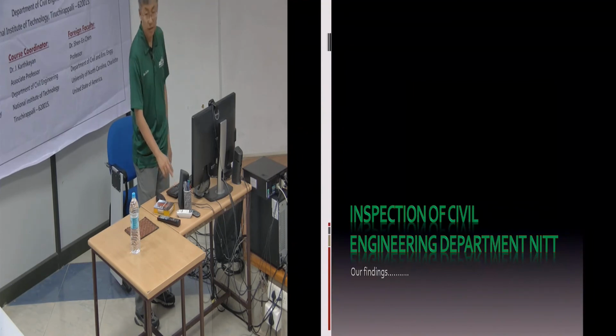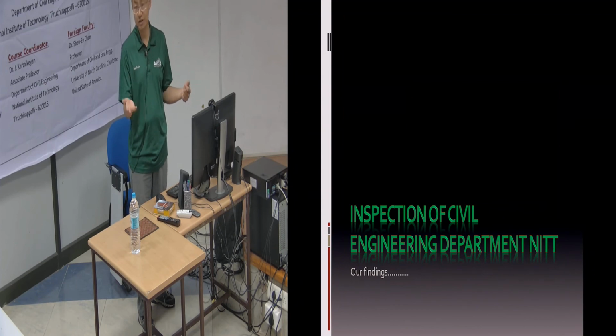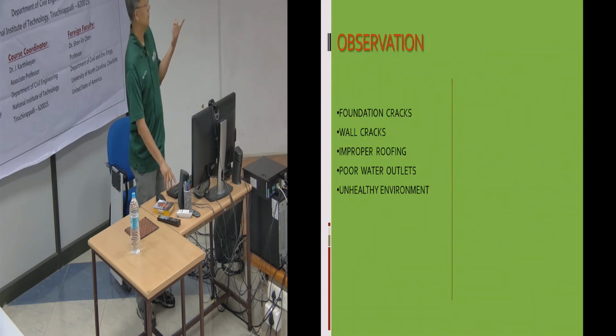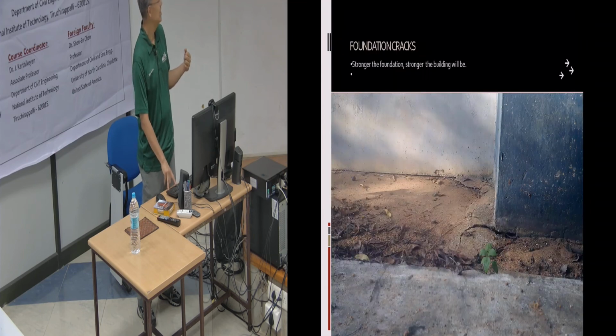Again, we are doing the same investigation on the same building, so it will be very interesting to see your results compared to what they did at that time. They found foundation cracks, wall cracks, improper roofing, poor water outlets, and an unhealthy environment. So these are the evidence.